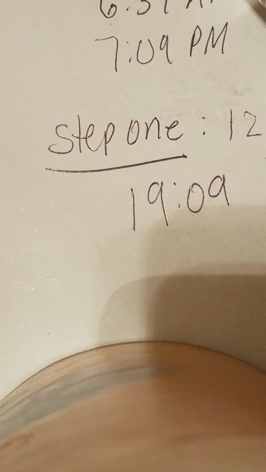And always remember that there are 24 hours in a day, so 7 o'clock would be 19 hours, or 1900 hours in military time. So now we rewrite 7:09 as 19:09. And we always start with the end time, and we always end with the start time.